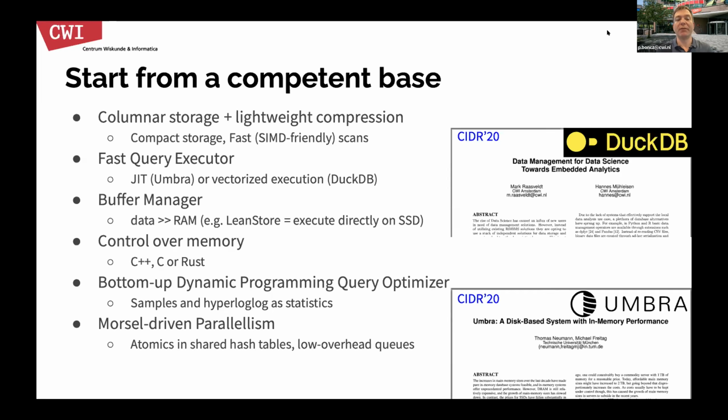So you would implement Morsel-driven parallelism, where you have shared hash tables, where you can have low latency and low contention multi-threading using atomics and fine-grained load balancing, so that all the cores are busy and you have good parallelization. All these principles, by the way, are adopted by both DuckDB and Umbra, DuckDB being the vectorized engine and Umbra being the JIT engine.